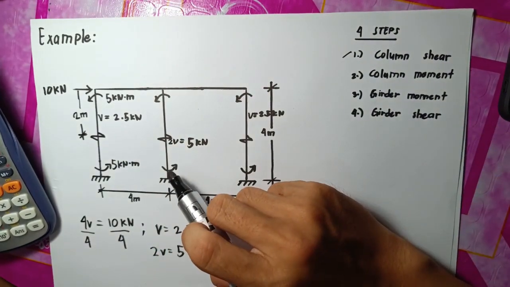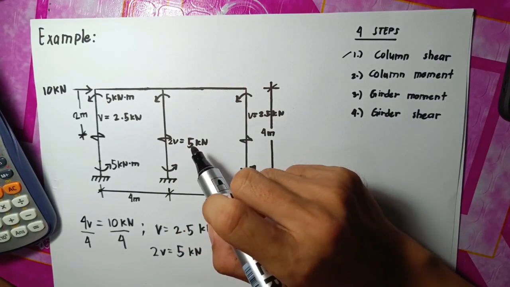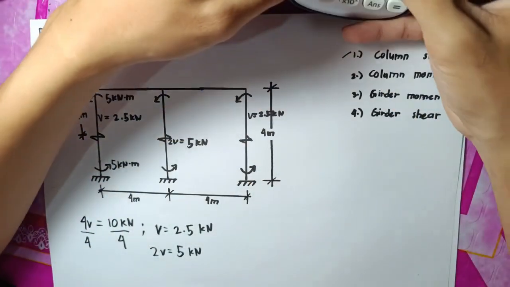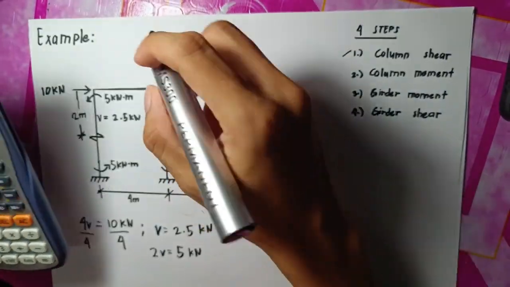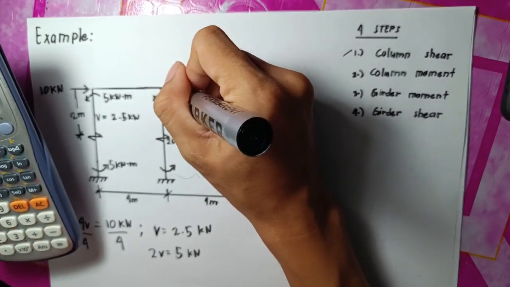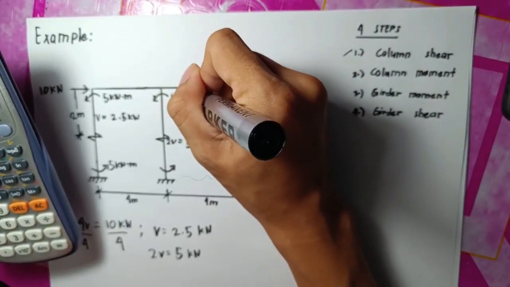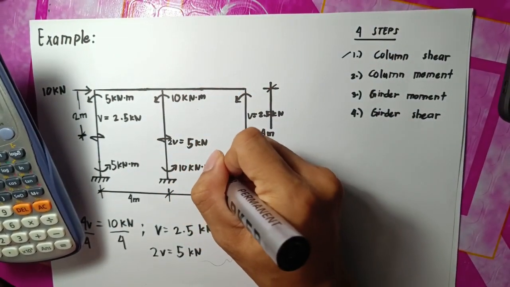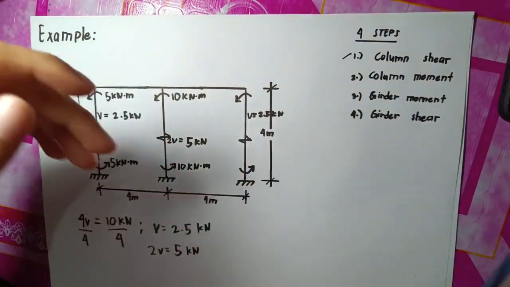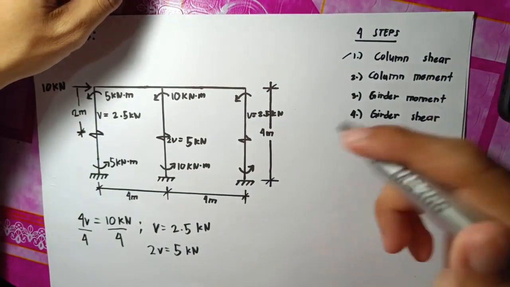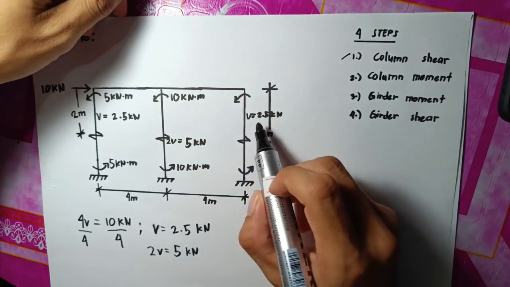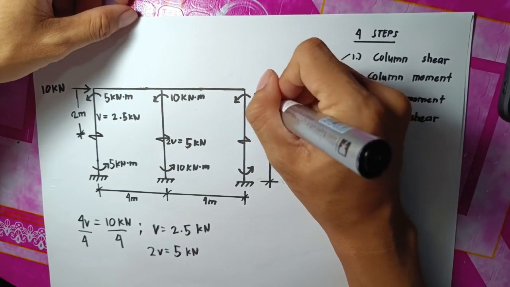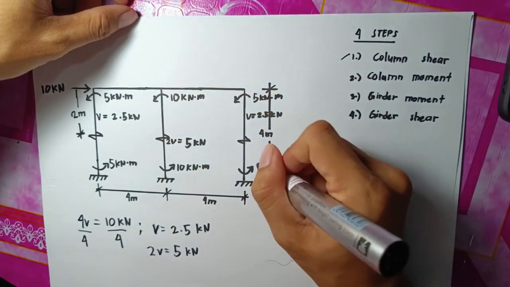And the interior column we must multiply it by the half of the height. 2 times 5, 10. 10 kilonewton meter. And same goes here. 2.5 times 2, 5 kilonewton meter.